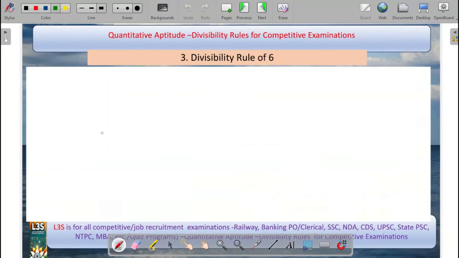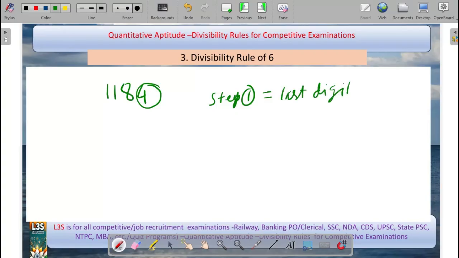We'll see another example to check if it is divisible by 6. Say 1184. In this case, step 1 will be the last digit, it should be an even number. So the last digit is 4, an even number. So step 1 is okay.